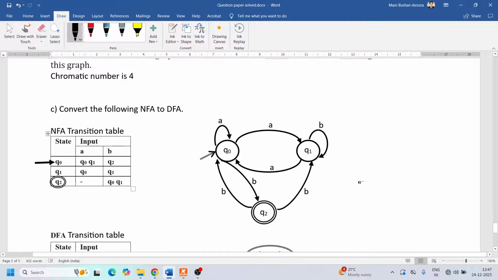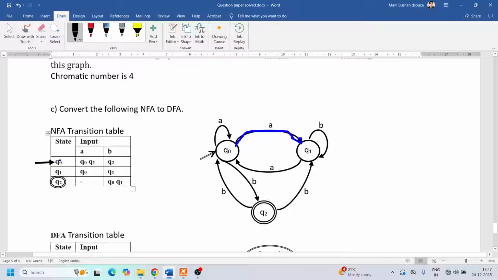Now let us first draw the transition table for this given NFA. So let's start with the first one, Q0. If the input is A, for Q0, it will come back to Q0 itself. Next one, Q0 with the input A, it will also go to Q1.